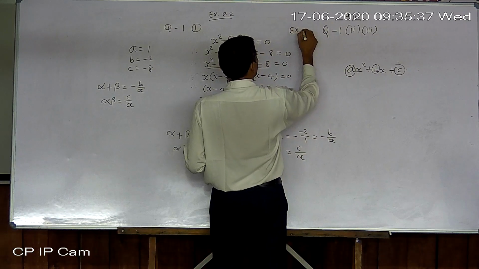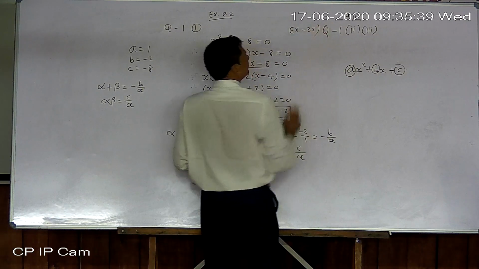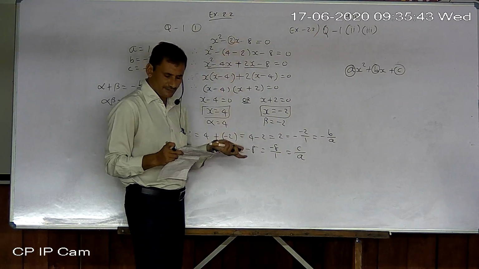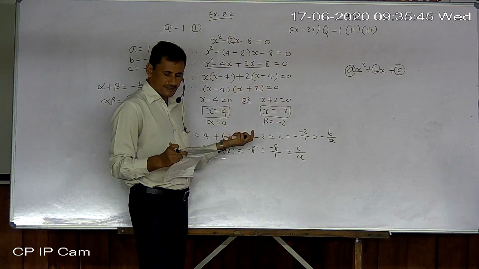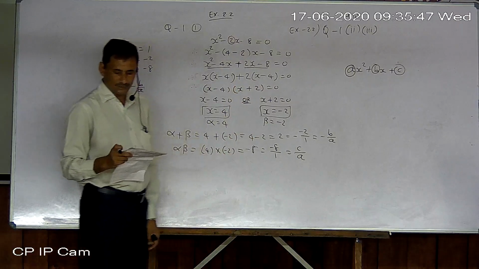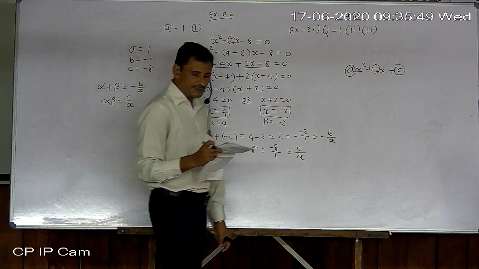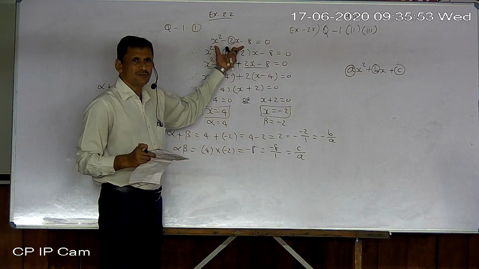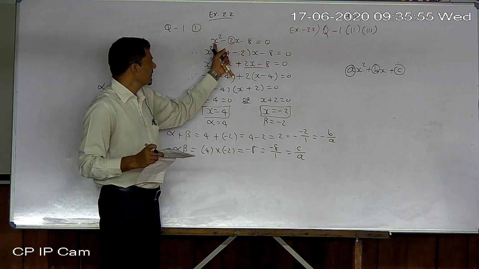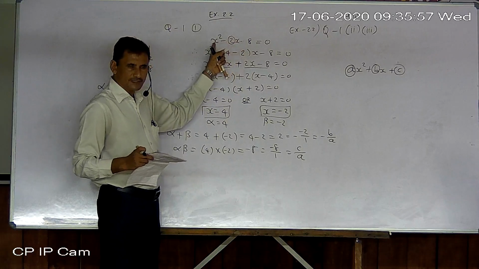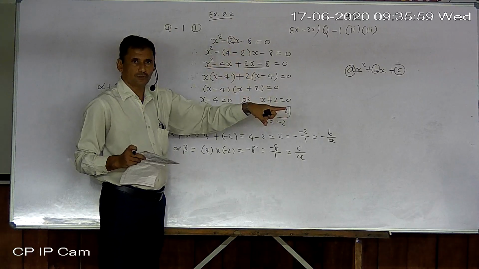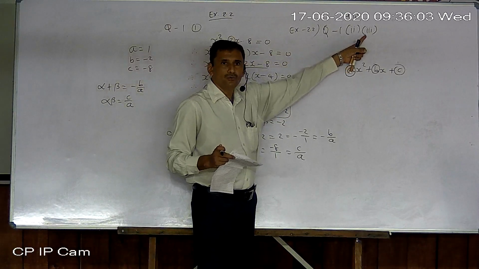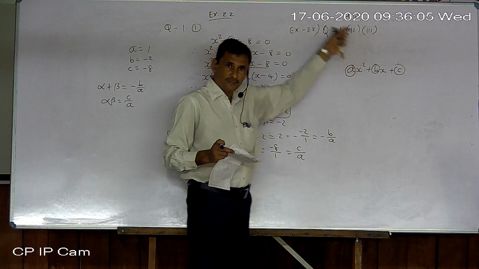Exercise 2.2, the variable is s in place of x, and the polynomial is of this type only: 4s square minus 4s plus 1. At last, 6x square minus 3 minus 7x. First of all, arrange them accordingly: first x square, then x, and then the constant term. So this arrangement is new in question number 3. Only the arrangement is new, otherwise the same thing.